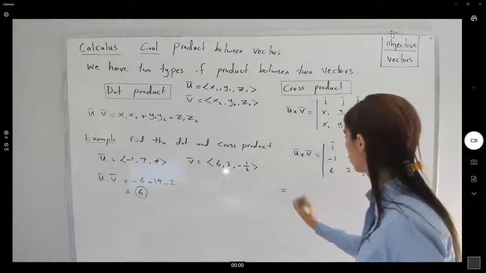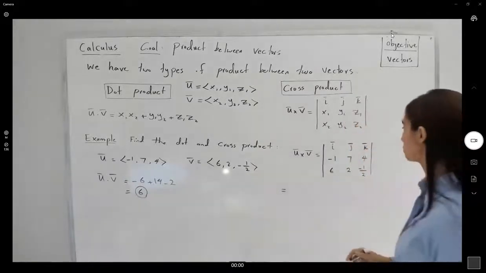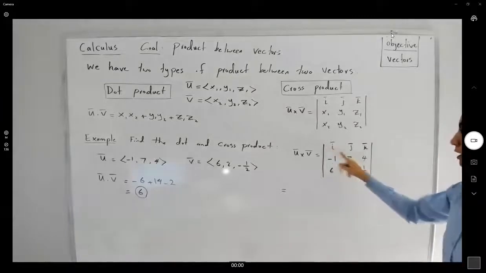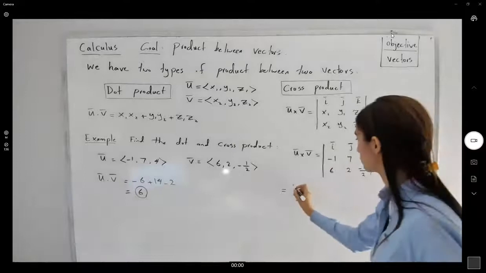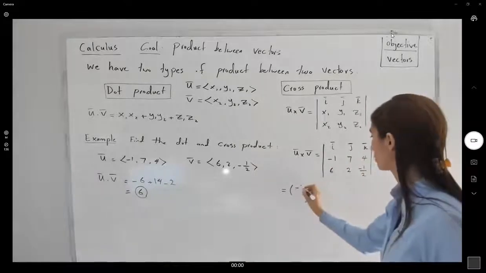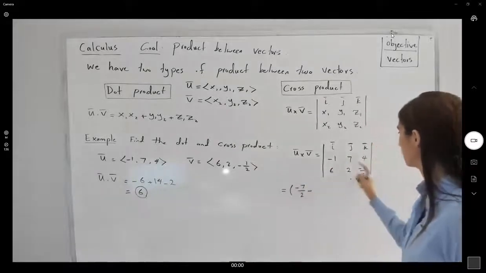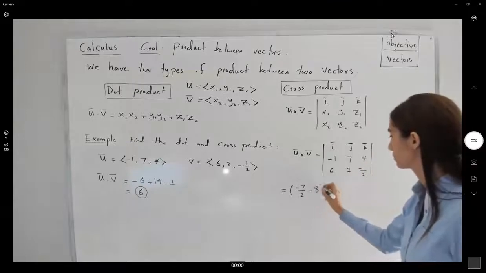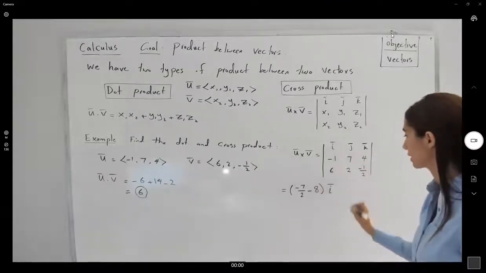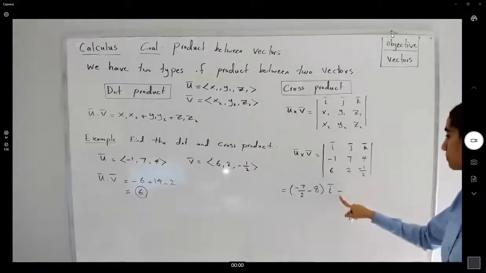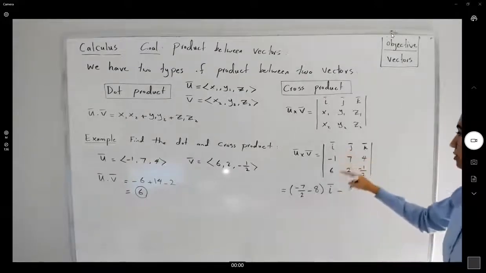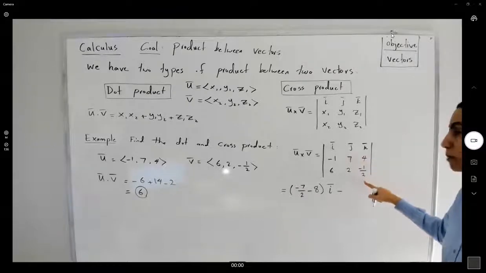Well, the way that we define the determinant of a 3 by 3 matrix, we're going to multiply i with the determinant of this little submatrix here, which is -7/2 minus 8 in the direction of x-axis, minus, remember that we have a subtraction, j times the determinant of this 2 by 2 matrix.